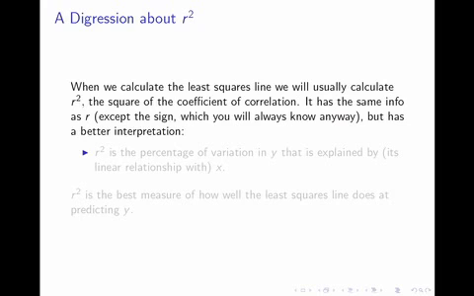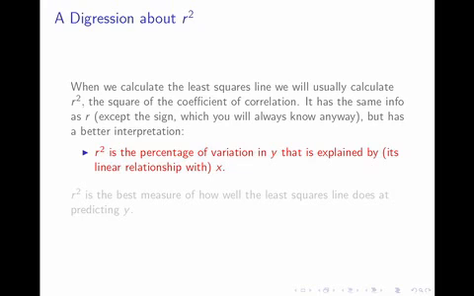But the advantage of r squared is that it has a precise, though subtle, interpretation, which I will expect you to know and be able to give in a given problem. R squared is the percentage of variation in y that's explained by its linear relationship with x.